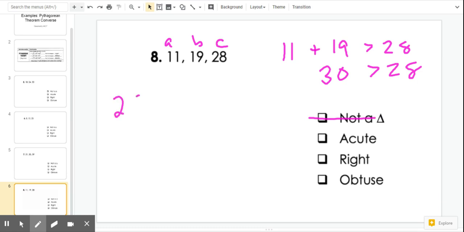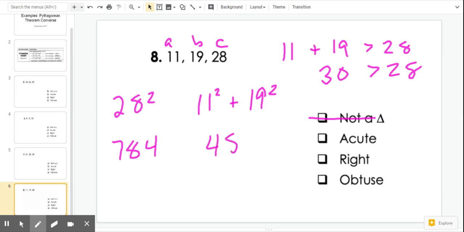So we want to know if c squared, so 28 squared, is equal to, smaller than, or greater than a squared plus b squared. So 28 squared, checking that on my calculator, that's 784. And then 11 squared plus 19 squared is 482. So c squared is larger than a squared plus b squared, which means it's an obtuse triangle.